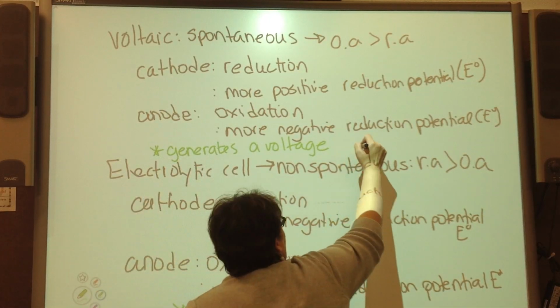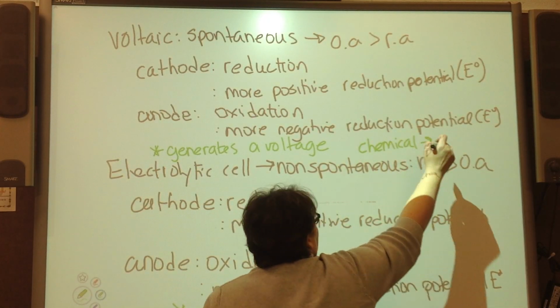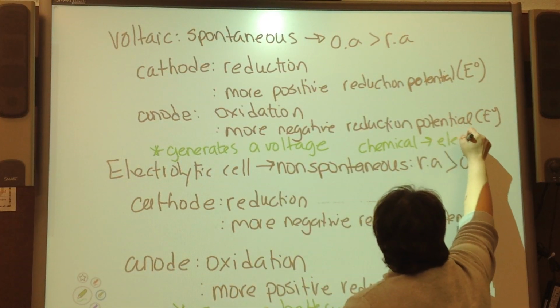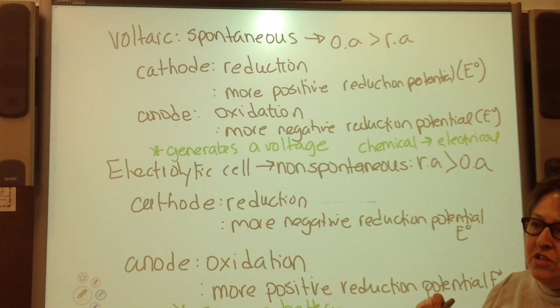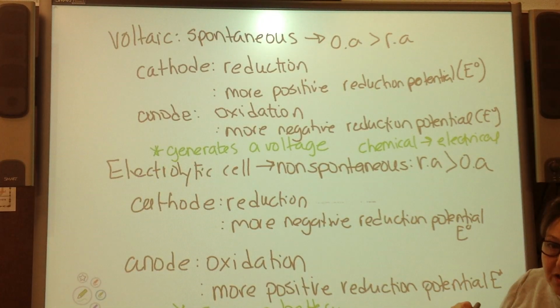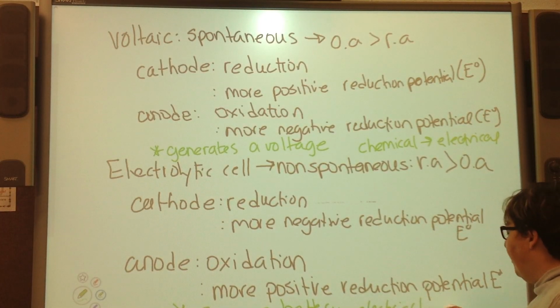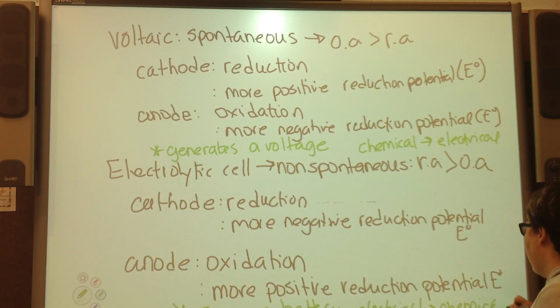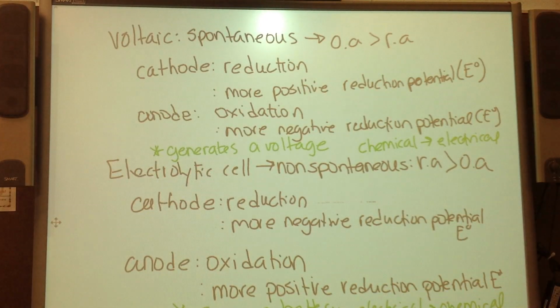So this is chemical to electrical energy. Remember, energy can't be created or destroyed, it can only be transferred or transformed. So this one is going to become electrical energy to force that reaction to happen. Okay? Those are your biggest takeaways.